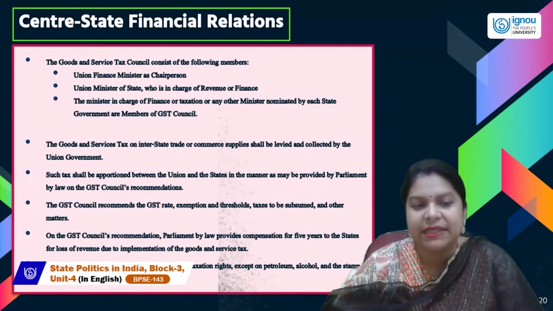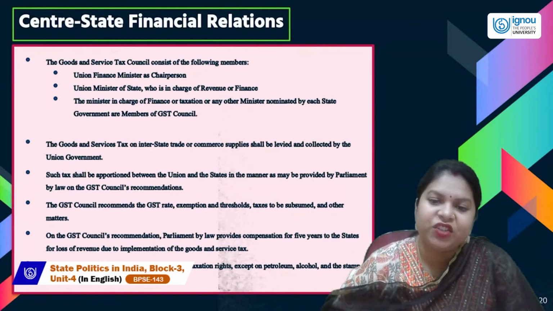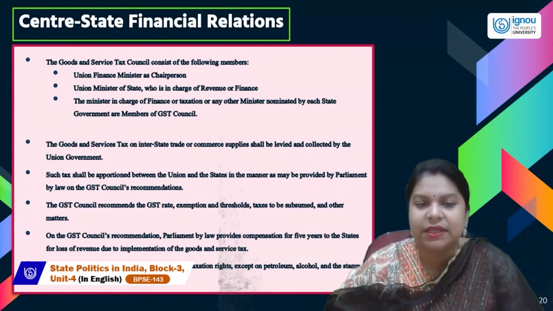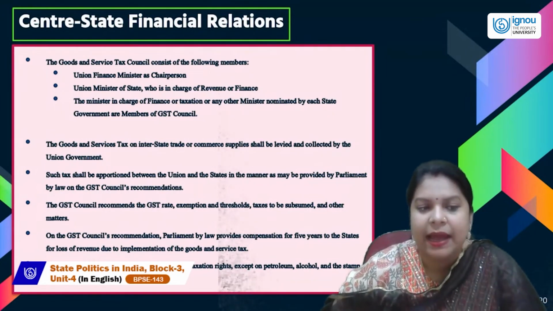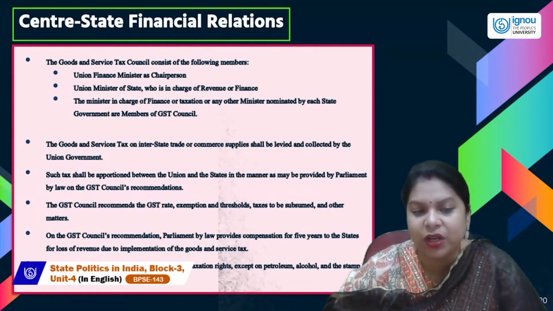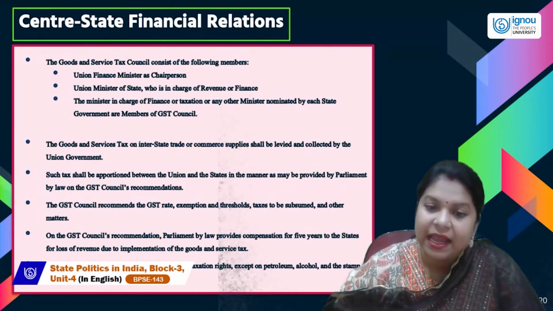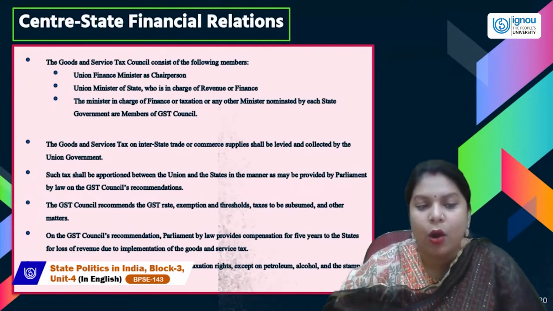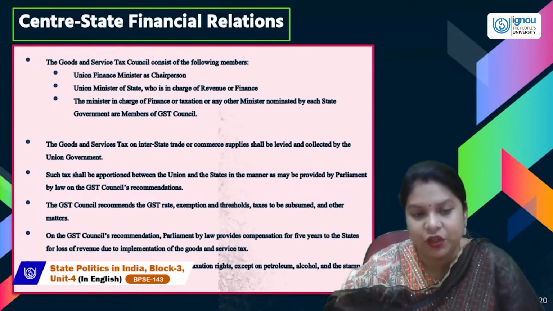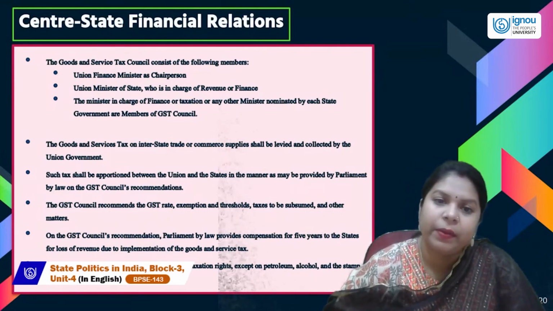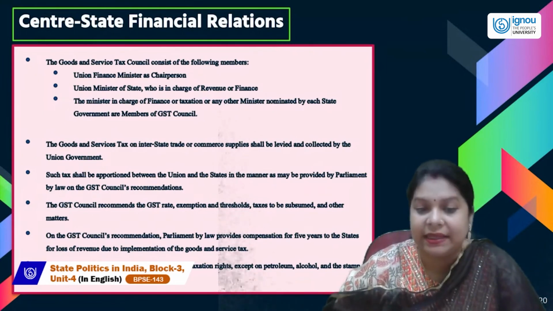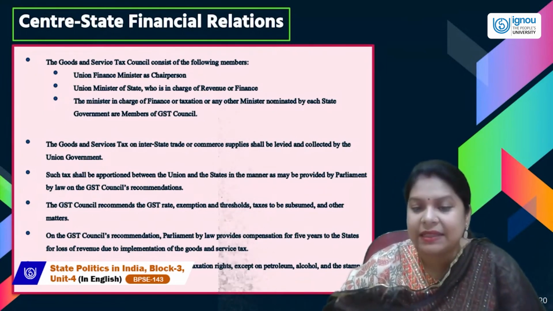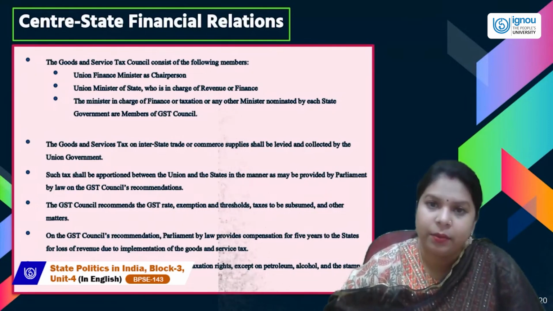The goods and service tax on interstate trade or commerce supplies shall be levied and collected by the union government. This is very important, and such tax shall be apportioned between the union and the states in the manner provided by Parliament by law on the GST Council's recommendation. The GST Council recommends the GST rate, exemptions and thresholds, taxes to be subsumed, and other matters.